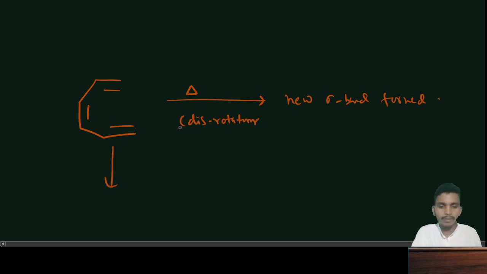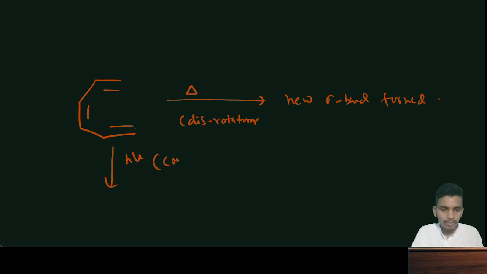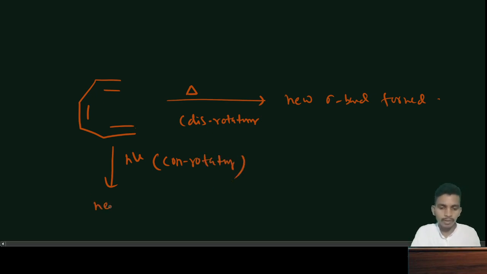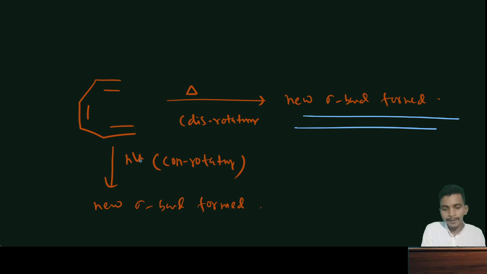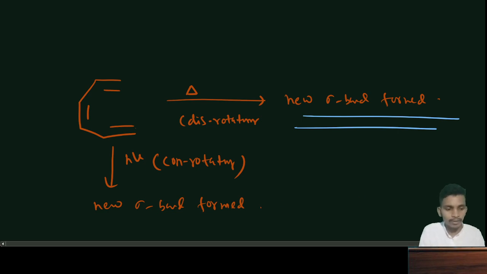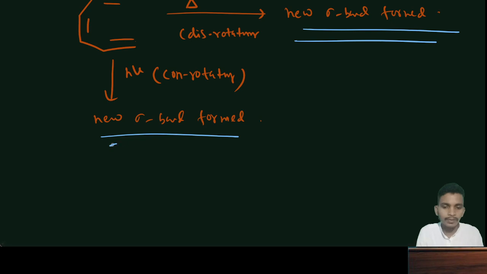And on photochemical conditions, h nu, on conrotatory, a new sigma bond has formed. Okay, so if you are giving heating, then only disrotatory forms the new sigma bond. And if you are giving photochemical conditions, in that case, on conrotatory, the new sigma bond is forming.